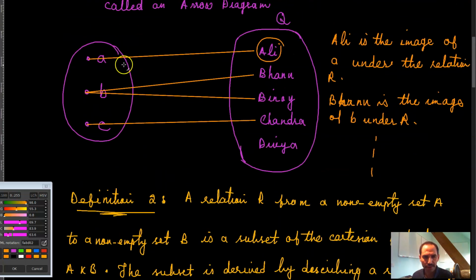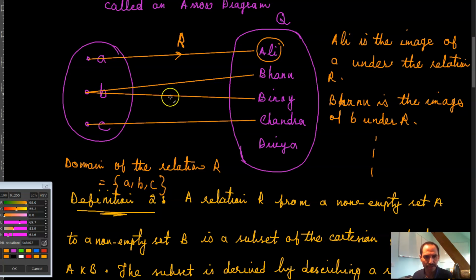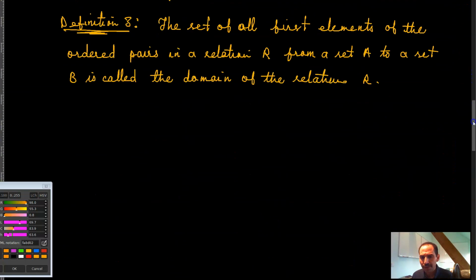Meaning that the domain of the relation R is equal to this set which contains A, B, and C, which is incidentally also equal to the set P as well, right? But sometimes it's not necessarily the whole set. Sometimes it's a subset of the set P. So that was definition number 3.